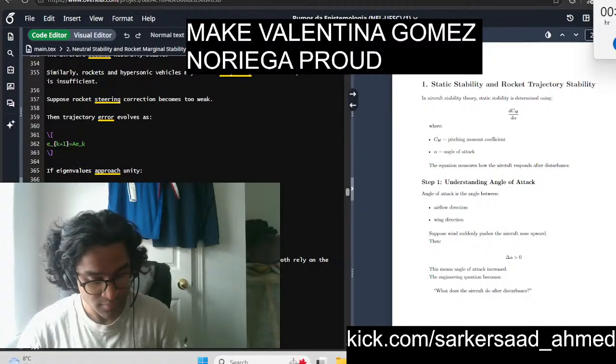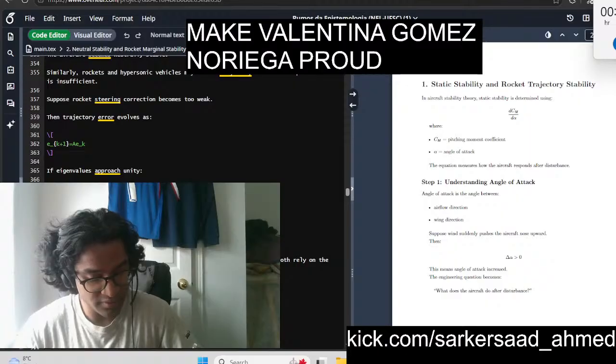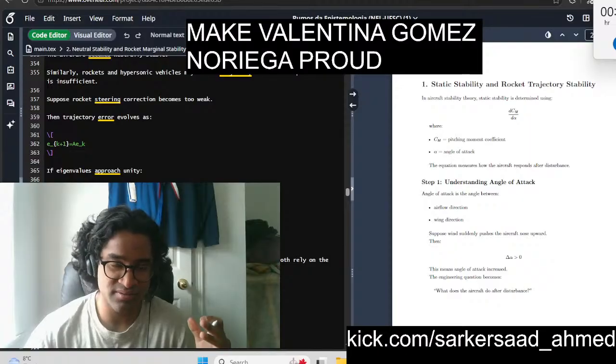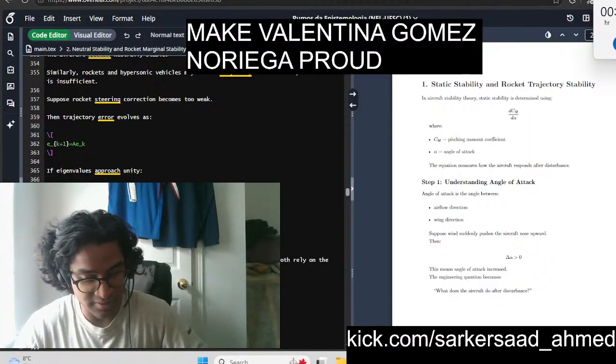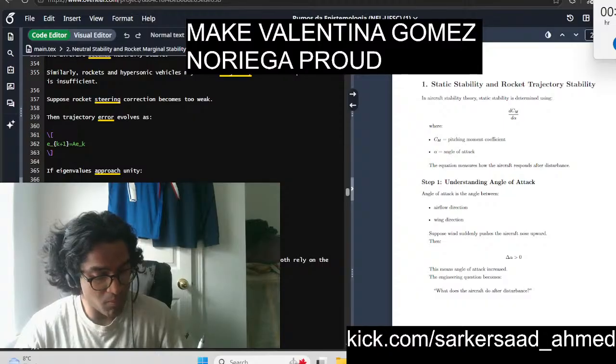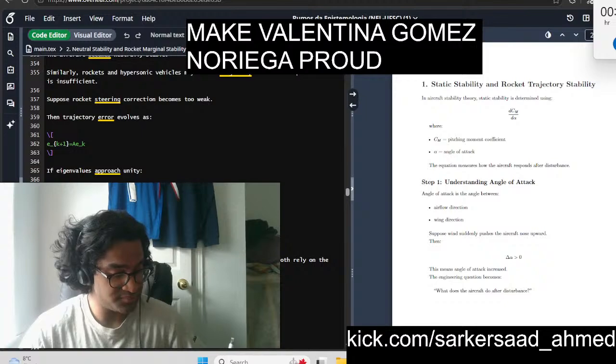So in stability theory, the static stability is determined by dCm by d alpha, where Cm is the pitching moment and alpha is the angle of attack.